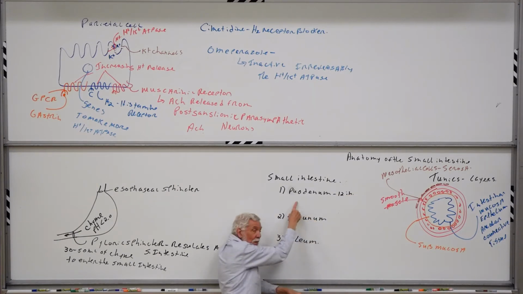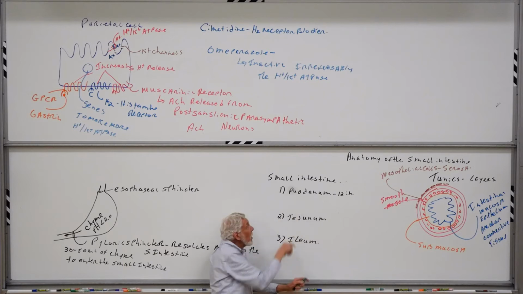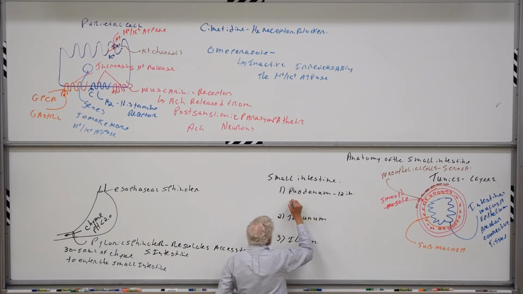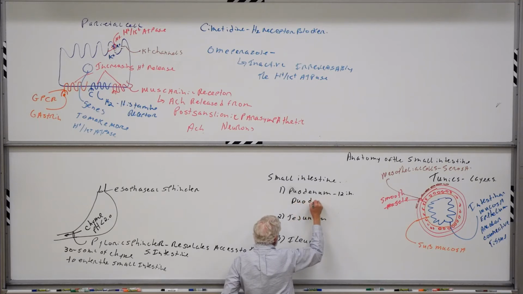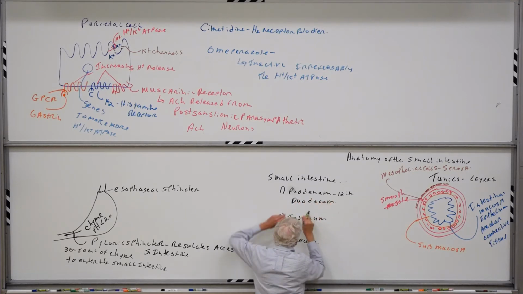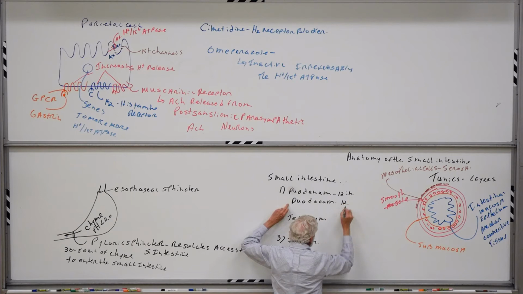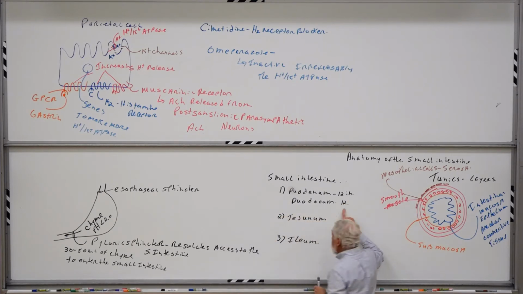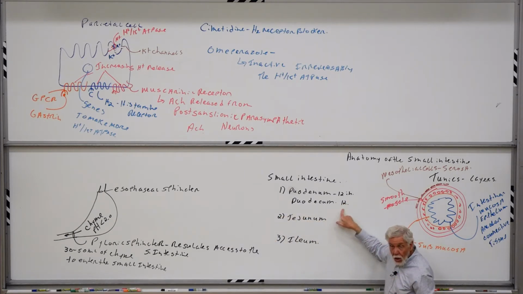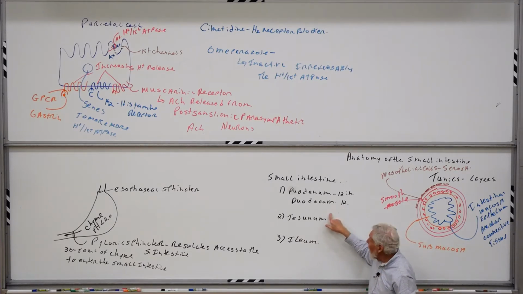Now, there's some meaning in this term. The duodenum is derived from the Latin duodecim, which means 12. And the story is that there was some early anatomist, probably in the late Middle Ages, early Renaissance, who was doing gross anatomy, and they started looking at the intestine.